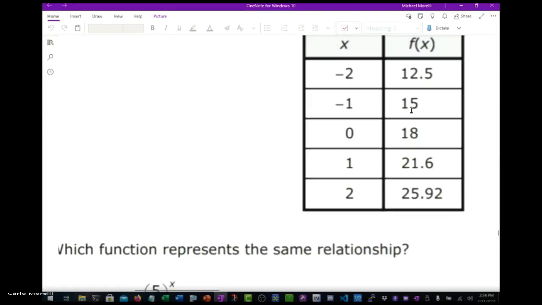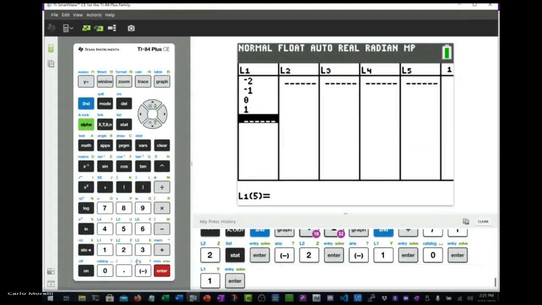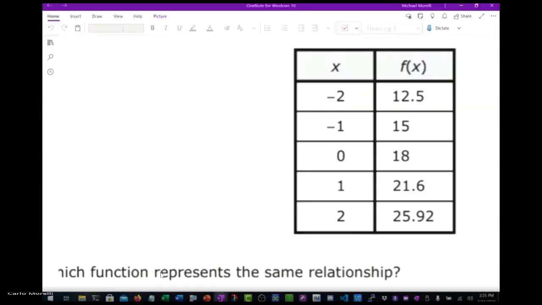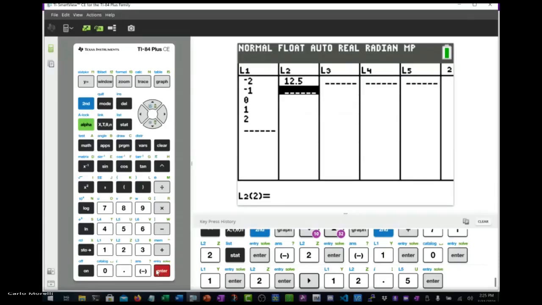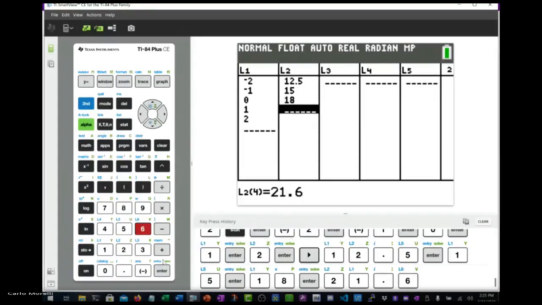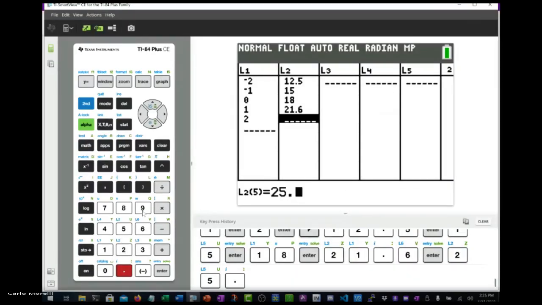Type this stuff in. -2, enter, -1, 0, 2. Now 12.5, enter, 15, enter, 18, and 21.6, enter, 25.92. Don't do anything yet. Everybody got it entered?